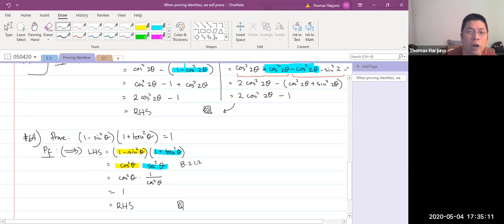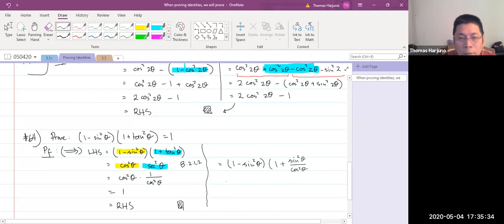Okay, so the more identities you remember, the better. Otherwise, you have to do it the long way. You need to do it like, for example, this is 1 minus sine squared theta times 1 plus sine squared theta over cosine squared theta.